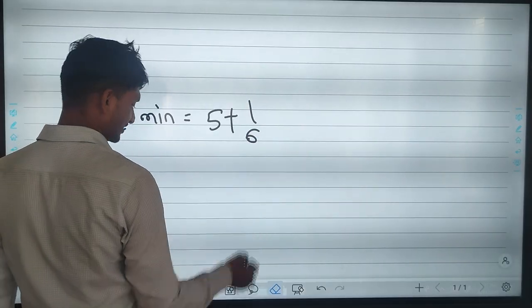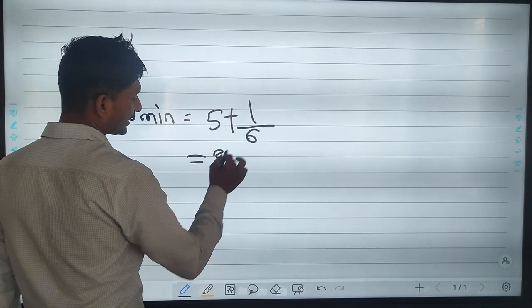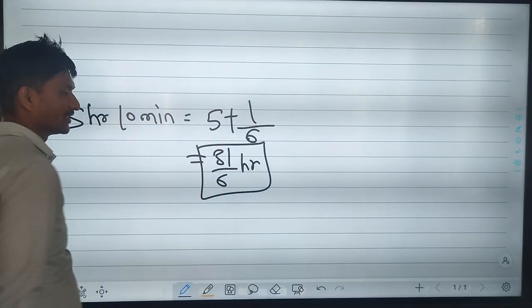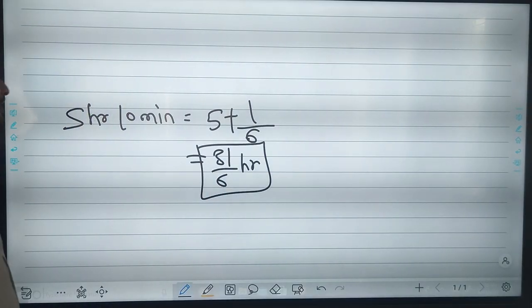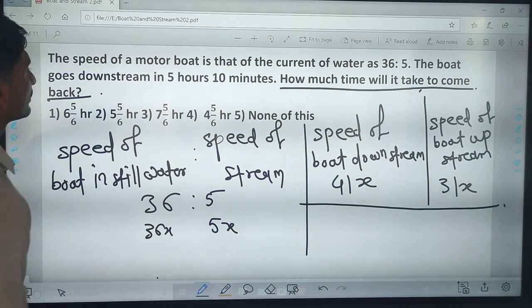That is 1 by 6, so 31 by 6 hours. Then 5 hours 10 minutes is 31 by 6 hours.